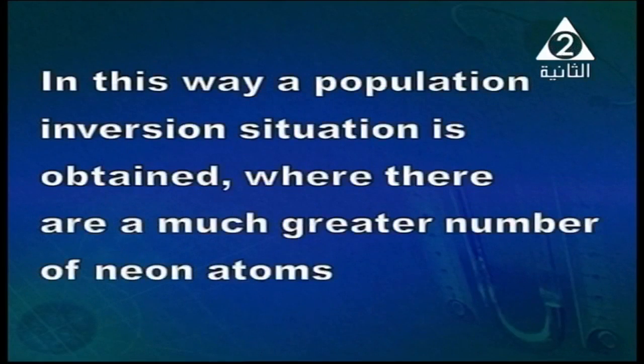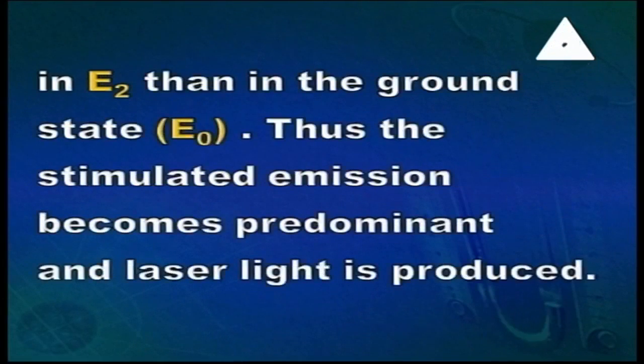In this way, a population inversion is obtained, where there are a much greater number of neon atoms in E2 than the atoms found in the ground state. Thus, stimulated emission becomes predominant and laser light is produced.